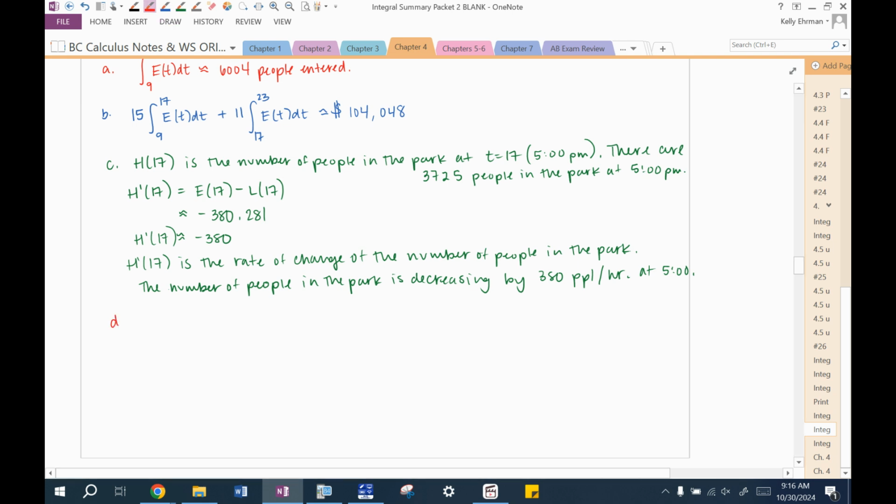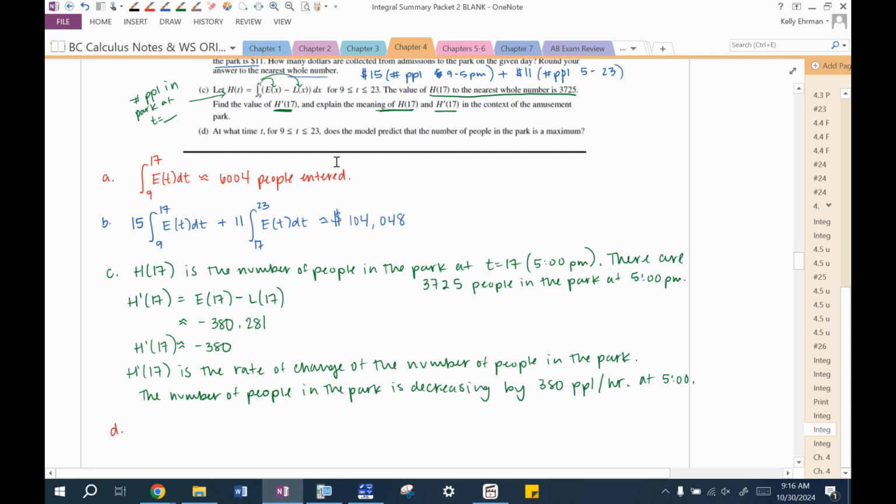Okay, what about part D? At what time on this interval does the model predict the number of people is at a maximum? So, all right, remember the number of people in the park is h of t. Okay, so h of t is the integral from 0 to 9. So I don't want to graph an integral. That can get kind of tricky on the calculator.